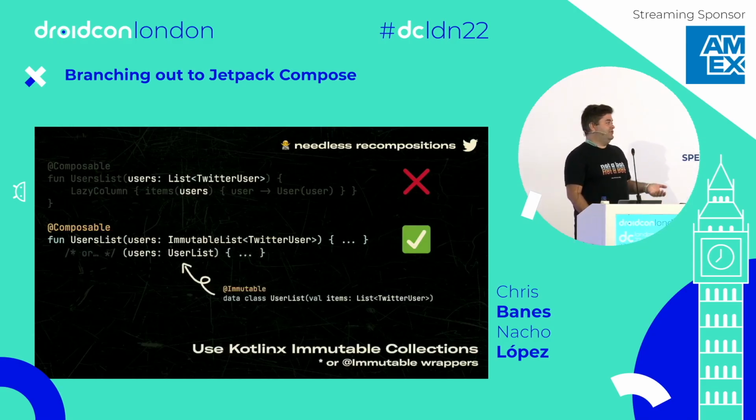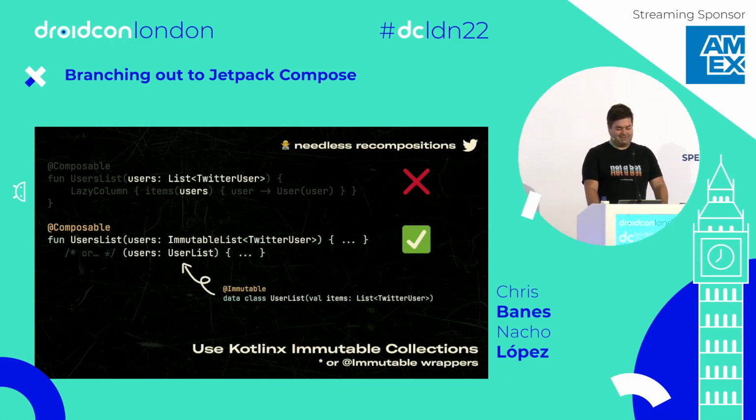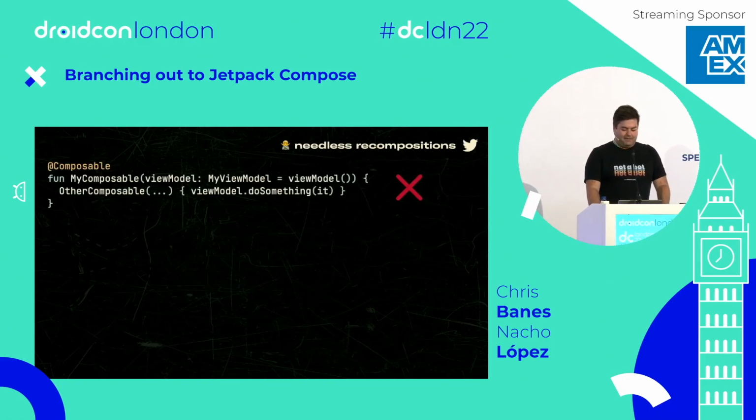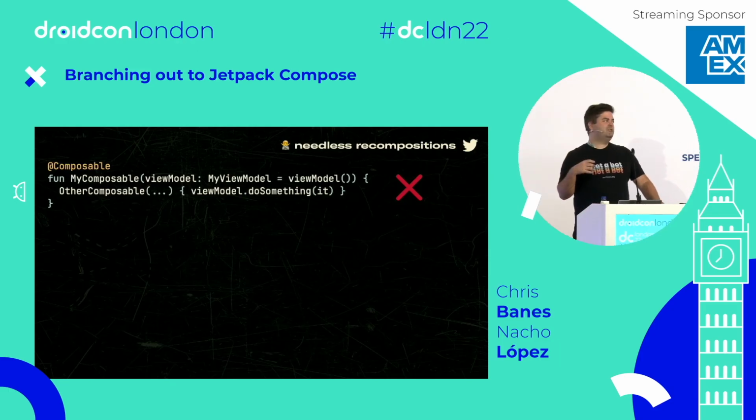Another alternative, if you really don't want to add a new dependency for this, is that you can create an immutable wrapper around the list, which we don't recommend, but it will also work. Another subtle one is that if you are using a lambda that references a variable from outside of it, the Compose compiler won't be able to optimize and mark the composable as stable.